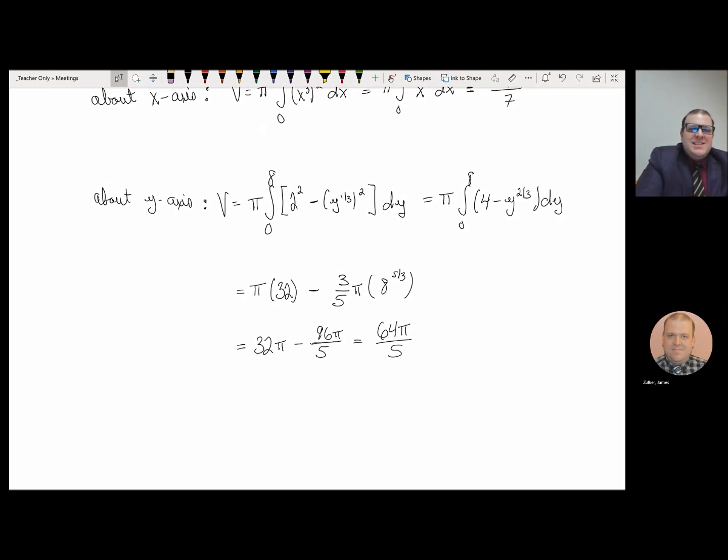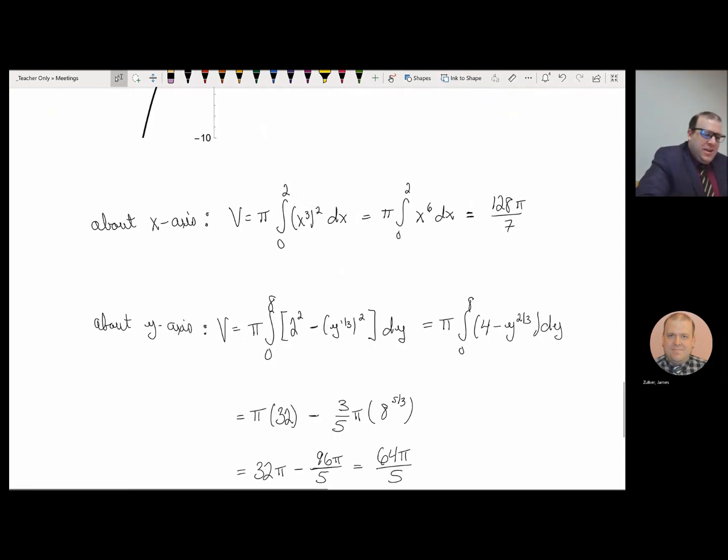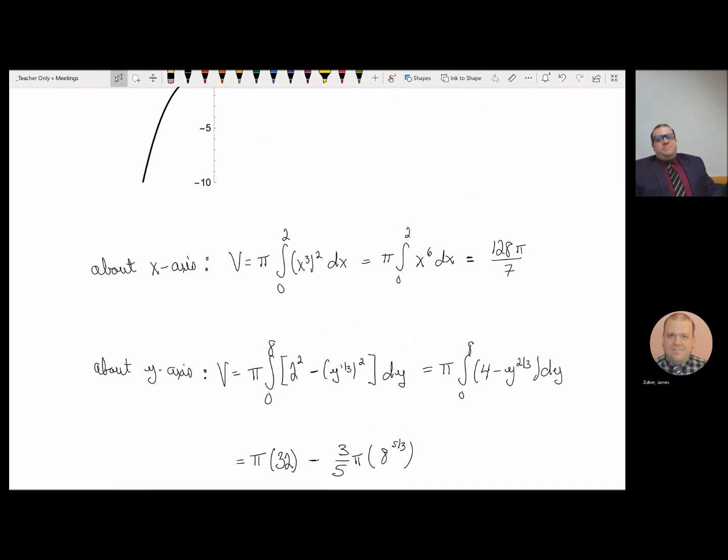But you have to remember with disk method, when you go to integrate, if you're rotating about a horizontal axis, that's an x-axis, you're integrating with respect to x, so everything needs to be functions of x.